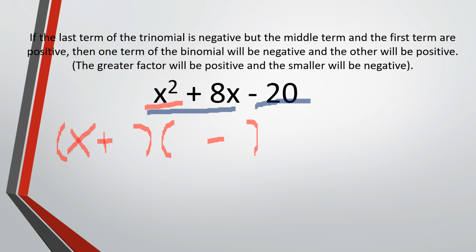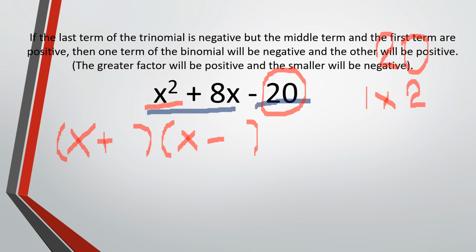Therefore, we have here x and x. Now, we have 20 here. Again, the factors of 20 are, we have 1 and 20.